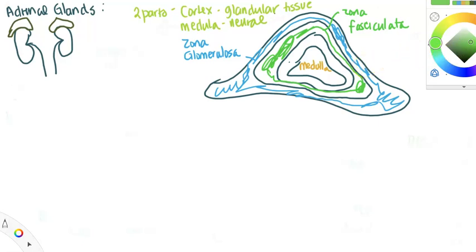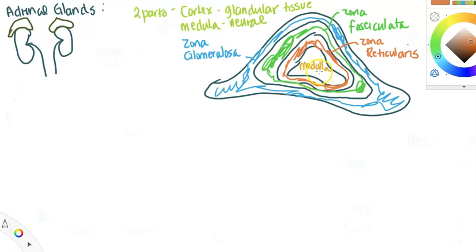And the innermost one here is called the zona reticularis. And each one of those layers has a different function. Each one of those layers secretes a different type of hormone.